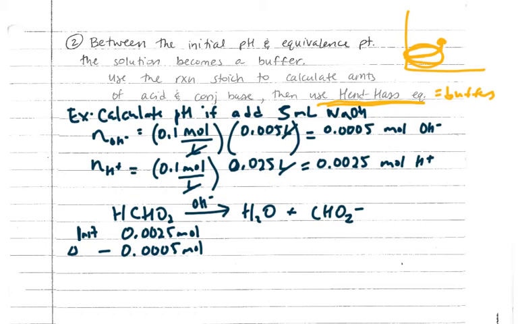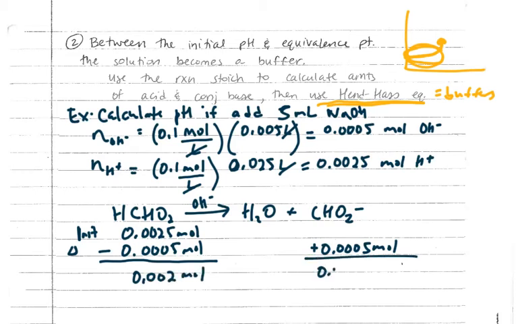But if we're losing 0.0005 moles of this, that also means that we are gaining 0.0005 moles of this conjugate base. All right, so in the end, we have 0.002 moles of this acid and 0.0005 moles of this base.